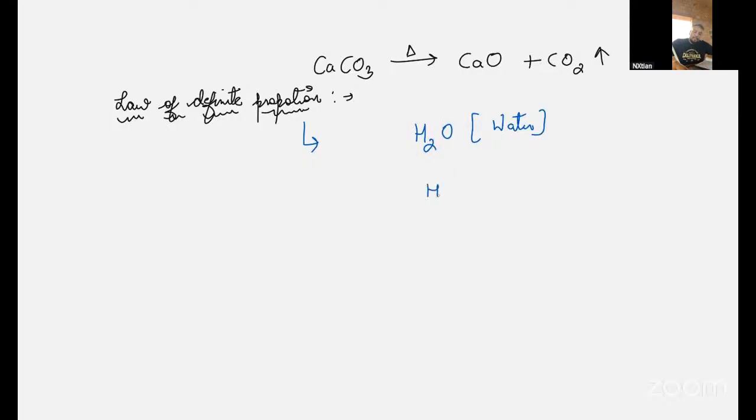Now, if I take the ratio of hydrogen to oxygen, here hydrogen and oxygen basically have a definite proportion. It means we need some amount of hydrogen and some amount of oxygen, then only we can make water.